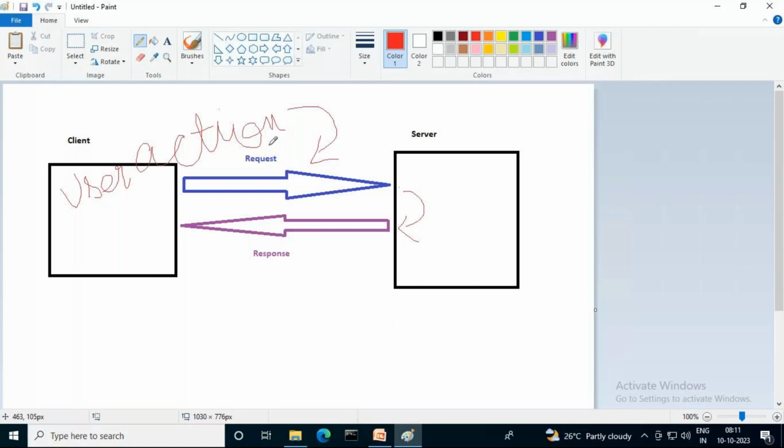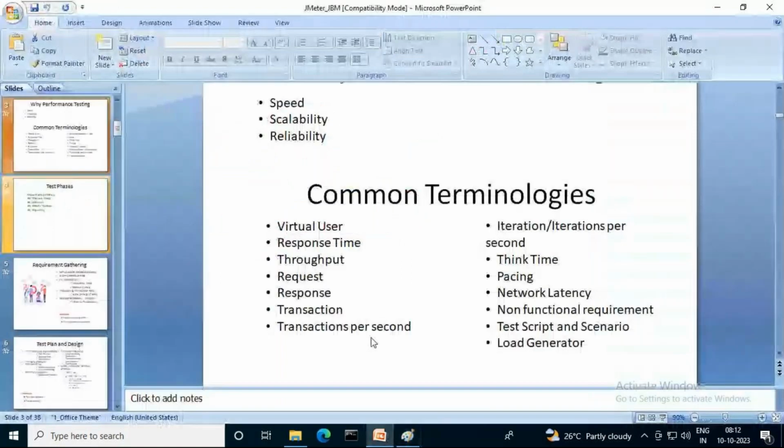Now, each of the interactions of the user with the server can be called a transaction. Clear, all of you? Each of the interactions of the client with the server can be called a transaction, in order to complete one entire business functionality.